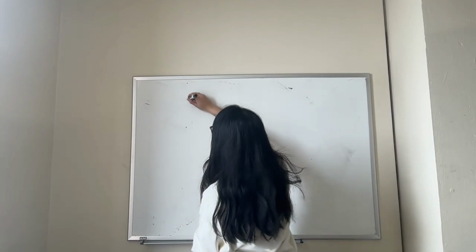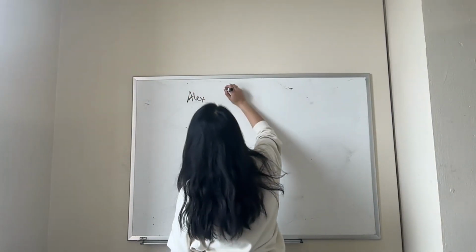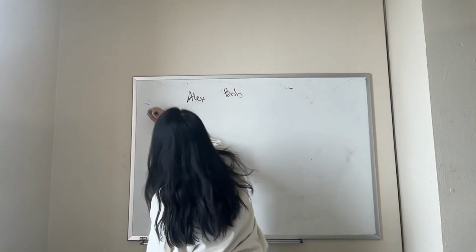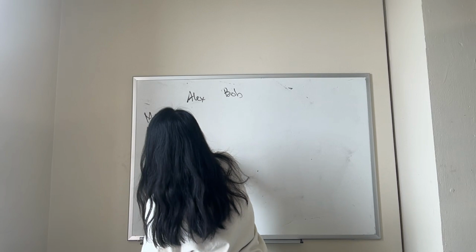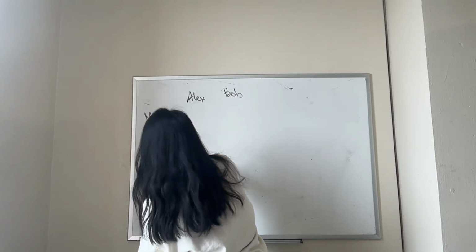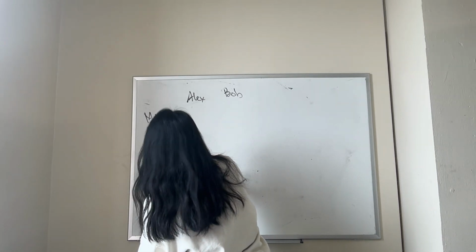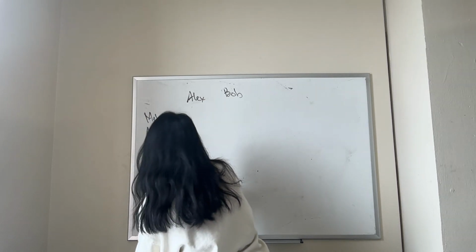So here's one example that I could think of. Maybe we have this couple, Alex and Bob, and they each own shares of stock in Meta, Apple, Amazon, Netflix, and Alphabet.